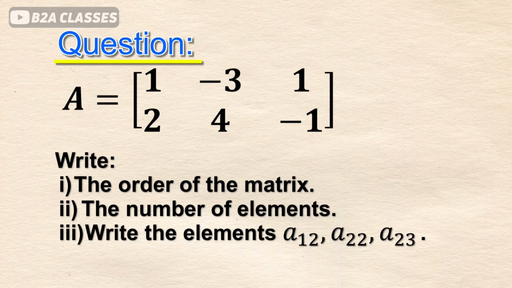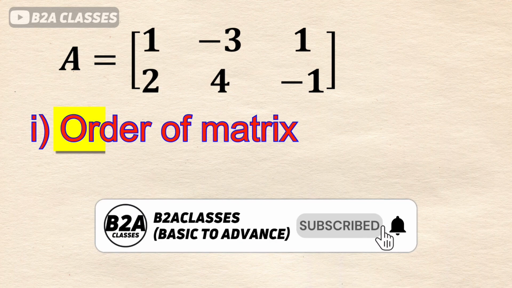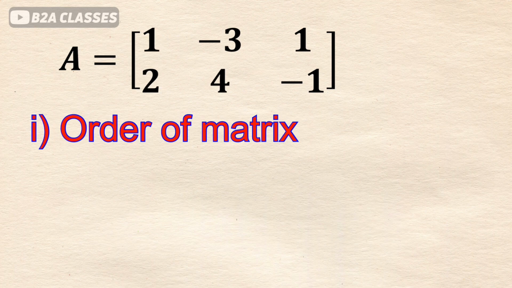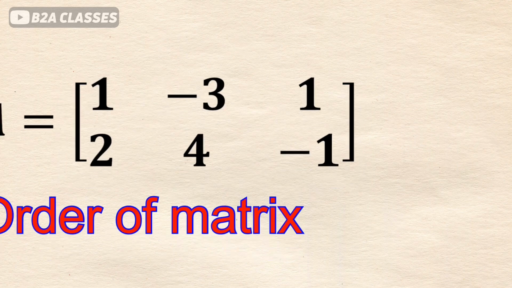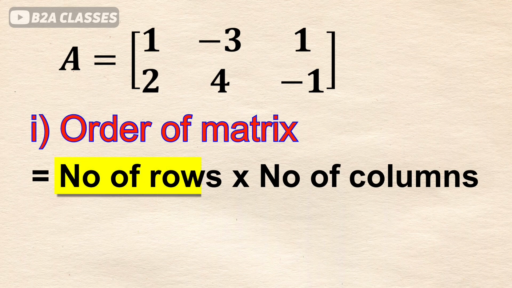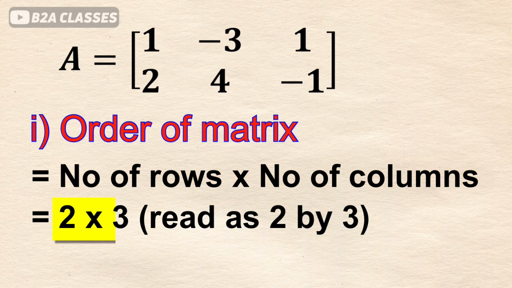Next we will solve this question. We have to find order of the matrix, number of elements and elements a12, a22 and a23. So first we have to write the order of the matrix. We can see clearly that there are 2 rows and 3 columns in the matrix. Order of the matrix is number of rows by number of columns. Therefore, the order of the matrix is 2 by 3.